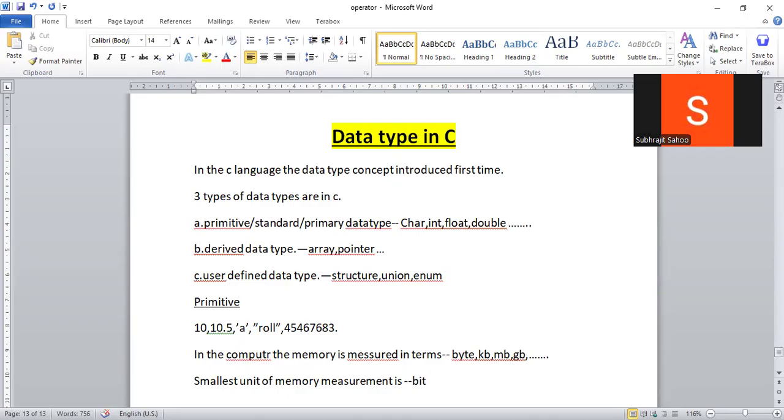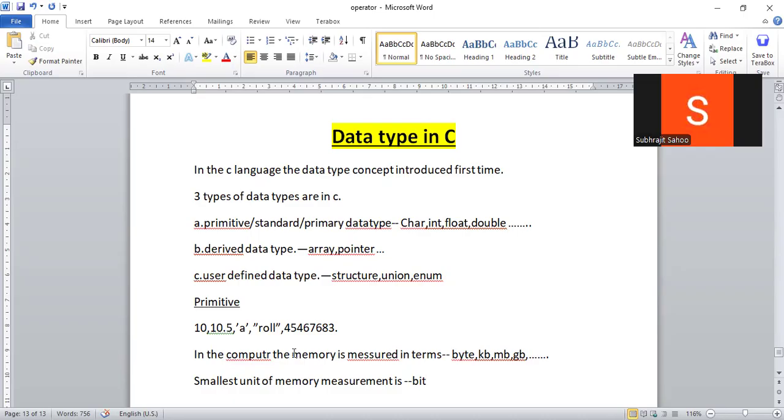The smallest unit of memory measurement is bit, right? So this terminology, byte, kilobyte, megabyte, gigabyte, you know very well, because in your mobile phone and your computer, everybody frequently uses these terms. But the smallest unit for memory measurement is bit.